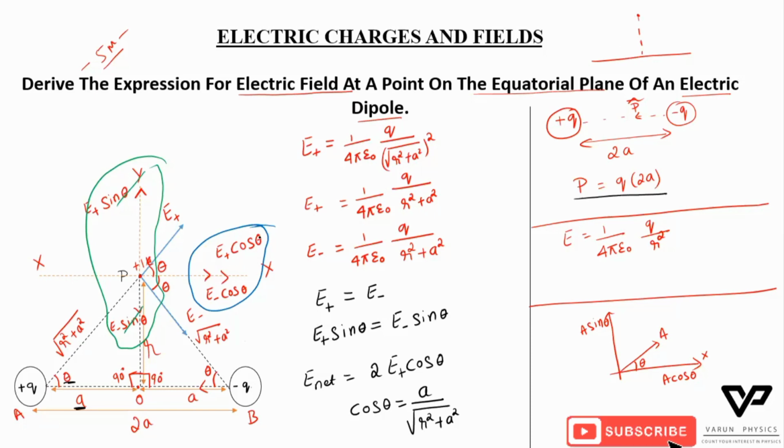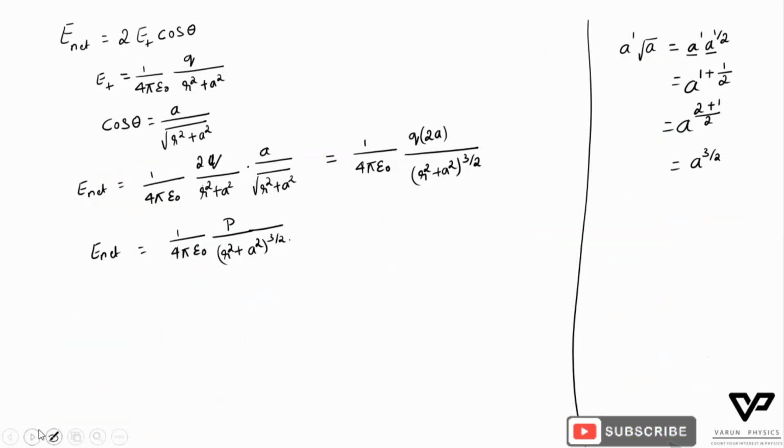If you see here, the total net electric field is in this direction and the dipole moment is in the opposite direction. Therefore, I can write the direction as minus P cap. Therefore, vector E net is equal to minus 1 by 4 pi epsilon naught vector P divided by R square plus A square to the power of 3 by 2.